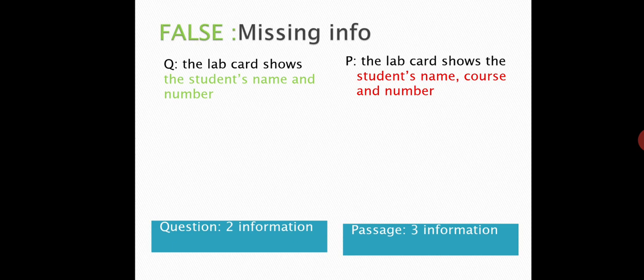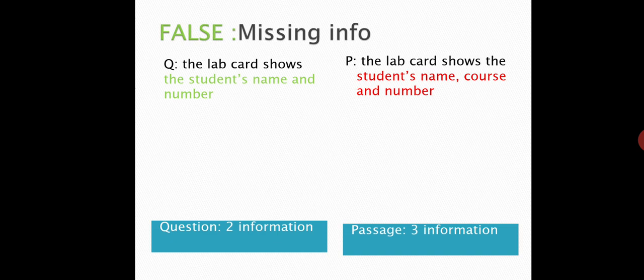So, meron tayong ilang information. Tingin po sa baba ng slide. 2 information. But in the passage nakalagay, the lab card shows the student's name. Okay, that's 1. Course, wait a minute. And then number. So, you got 3. So, again, you got 2 items in the question. You got 3 listed details in the passage.